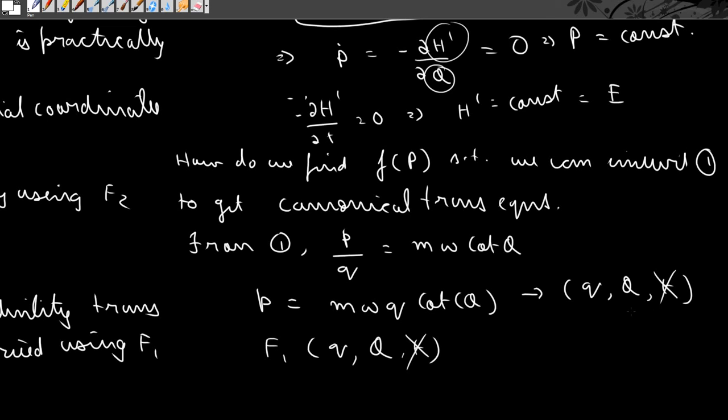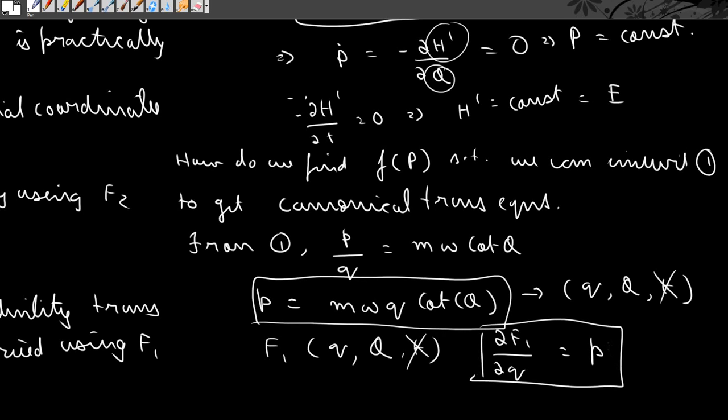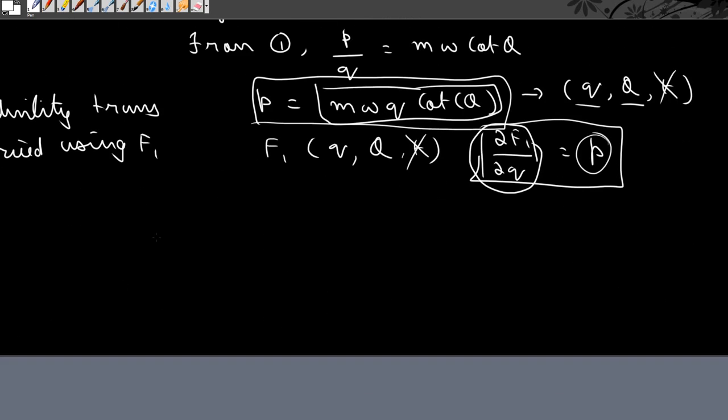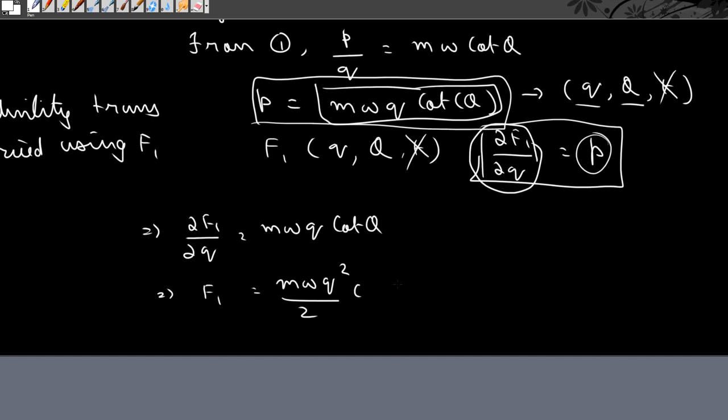If we consider there is no time dependence, and using the relation that dou F1 by dou q must be equal to p, we see that if you compare these two relations, both are going to give p as a function of q and Q, and therefore we can say that dou F1 by dou q should be equal to m omega q cot Q, making this F1 equal to m omega q square by 2 cot Q plus some integration constant C.